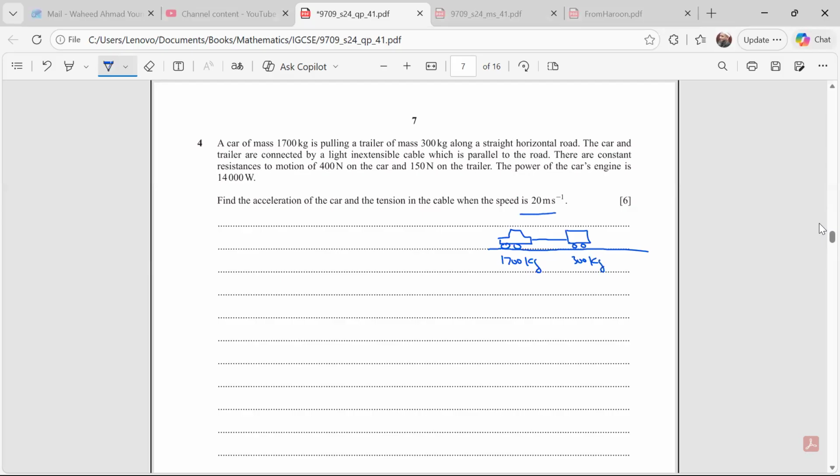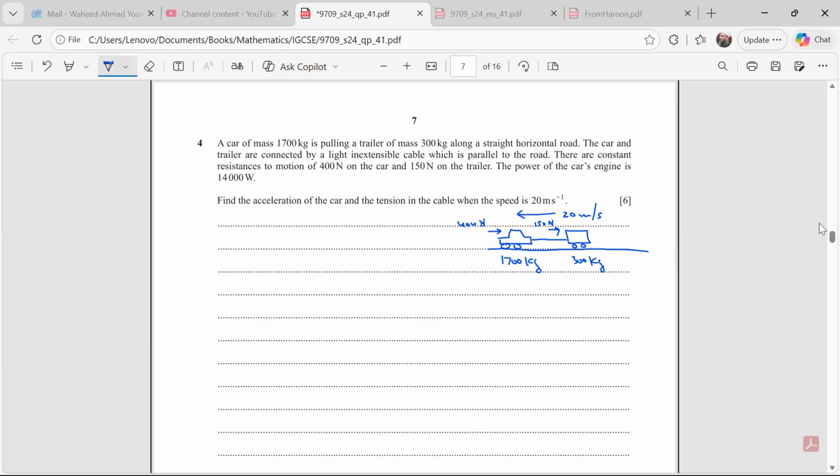The speed of this combination is 20 meters per second. The resistive force on the car was 400 newtons and the resistive force on the trailer is 150 newtons.